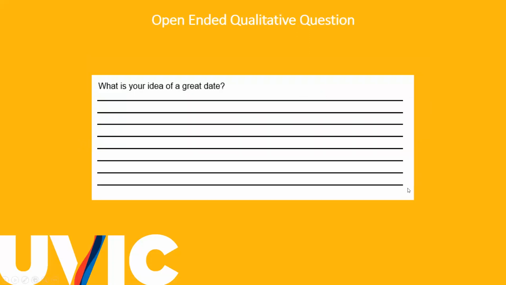And then finally, the open-ended qualitative questions. This is a question we ask in the Momentum survey, which is a Vancouver biobehavioral survey of gay and bisexual men. We finish off the survey with a nice, fun question: what is your idea of a great date? They could then qualitatively fill out what their idea of a great first date or whatever date would be.